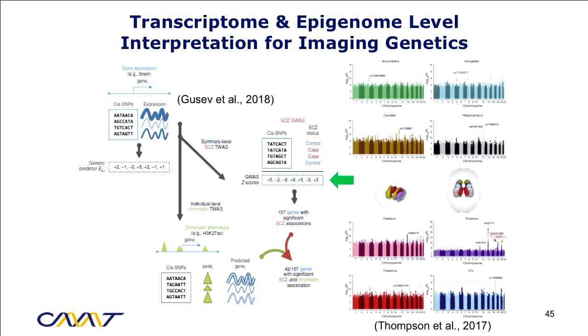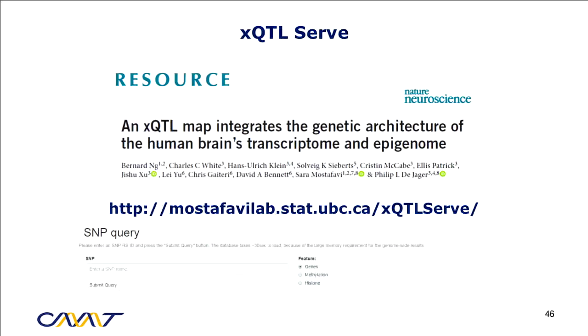And the way that this can tie into imaging genetics is that you can take the set scores from the imaging genetic study, and then just apply this model. Then you can get gene level interpretation as well as interpretation at the epigenome level.